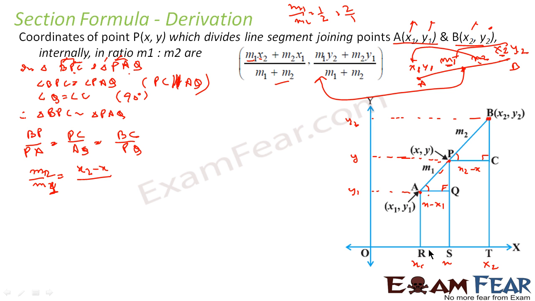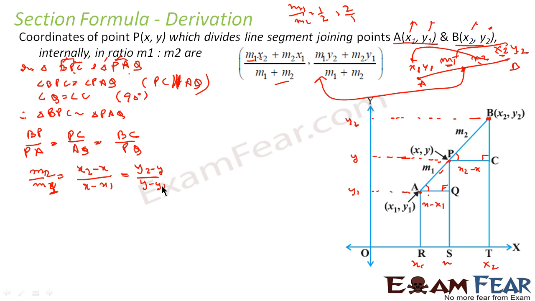Why? Because AQ is equal to RS, and RS is equal to x minus x1. Similarly, BC is equal to y2 minus y, and PQ is equal to y minus y1.